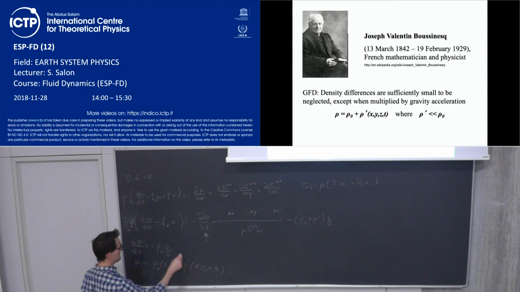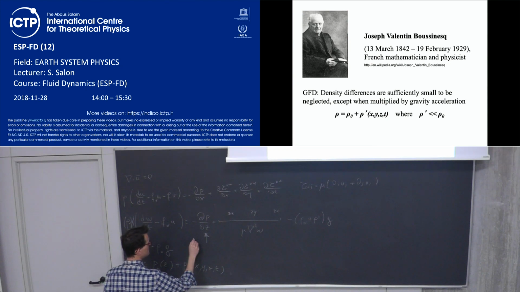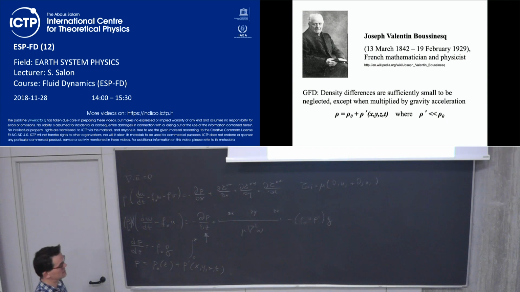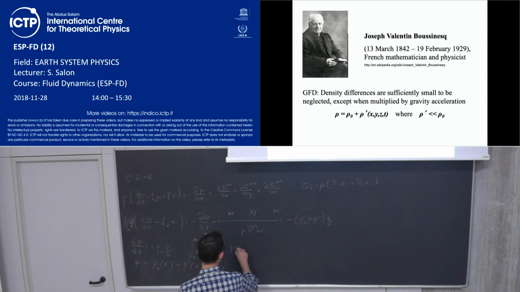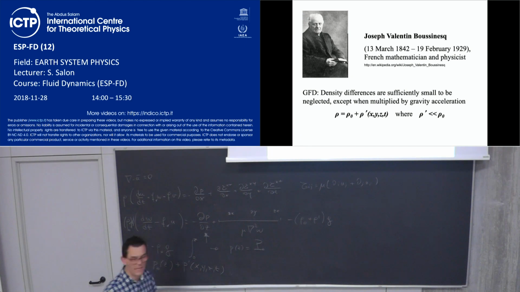So, if we integrate this expression here from a certain level z0 to a certain height z, so let's for example think to be in the atmosphere, what we will have is the expression of P(z), which is equal to, we will call it a capital P0, which is a reference pressure, okay?